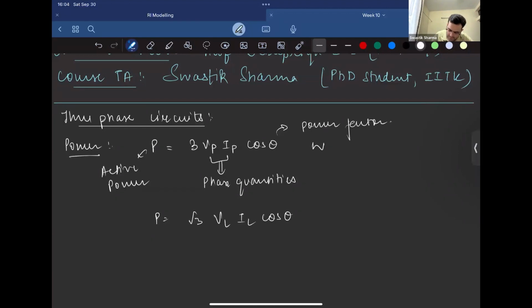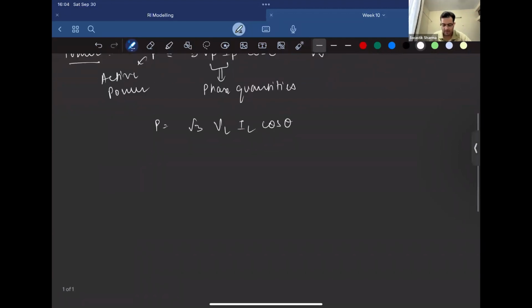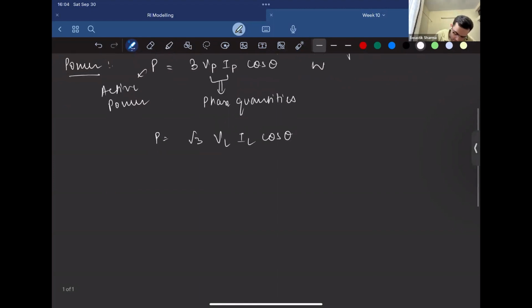So this is how it's written in terms of line parameters, line voltages and currents, right? Now, this is active power. What is Q? Q is simple, right? It's 3 Vp Ip sin theta, or root 3 times VL IL sin theta, right?